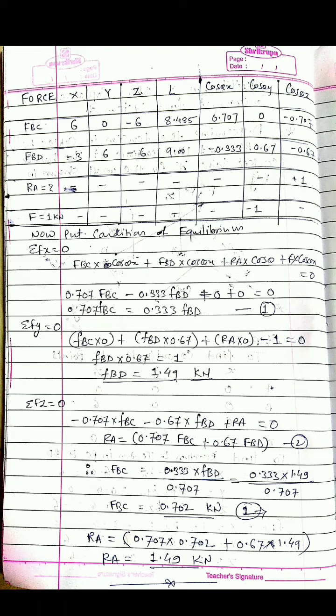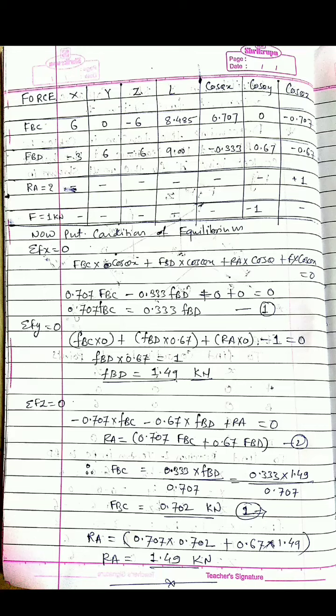See, we have to calculate this capital XYZ for the members only. RA and this force F are not members. So for FBC, we can calculate the length by L is equal to under root of capital X square plus Y square plus Z square.